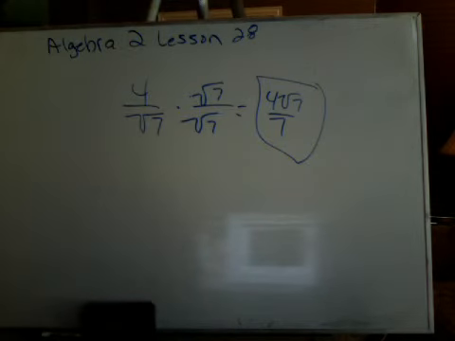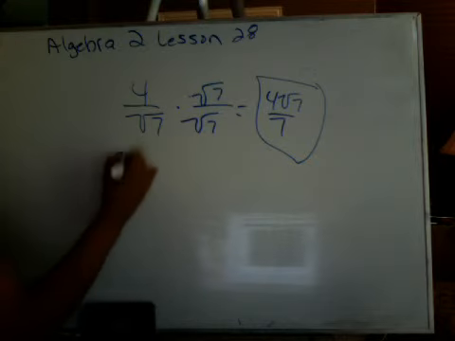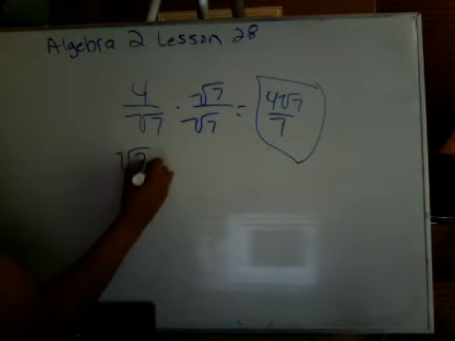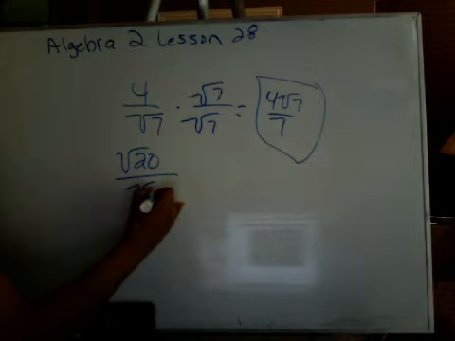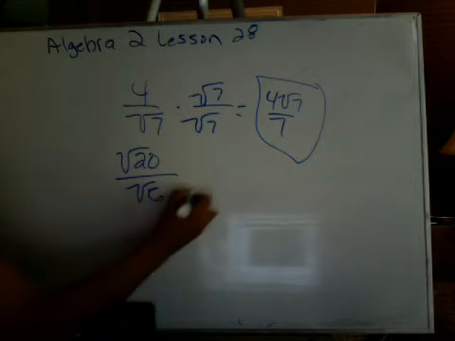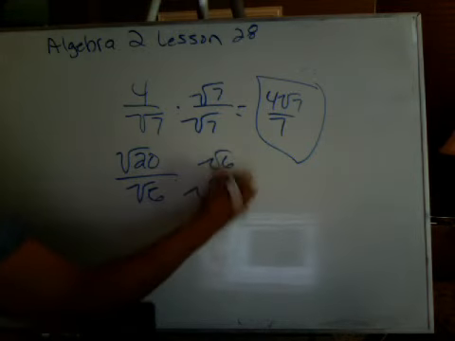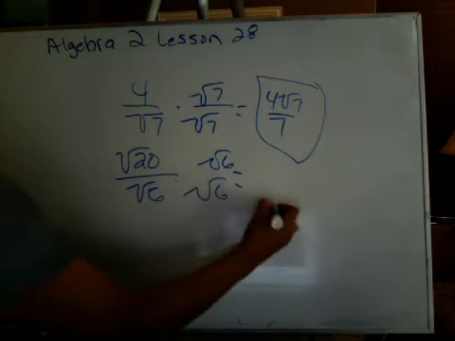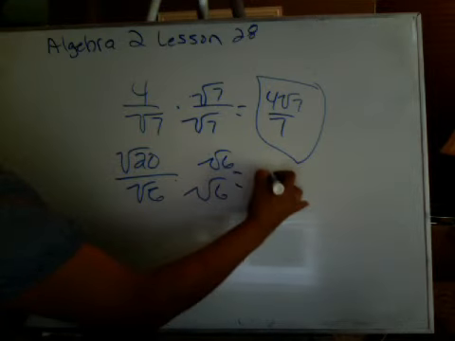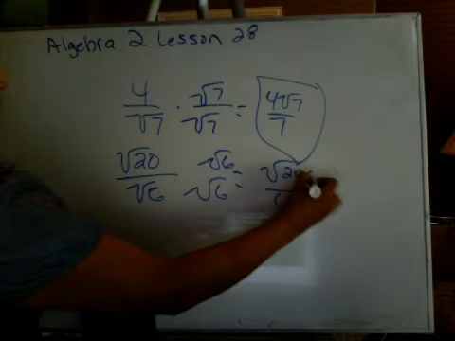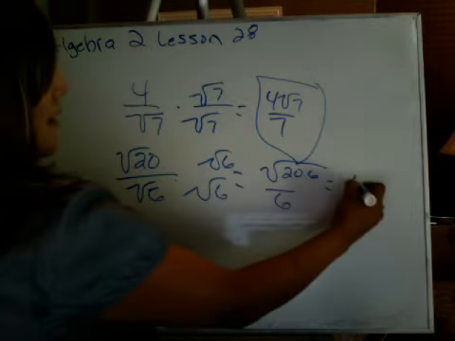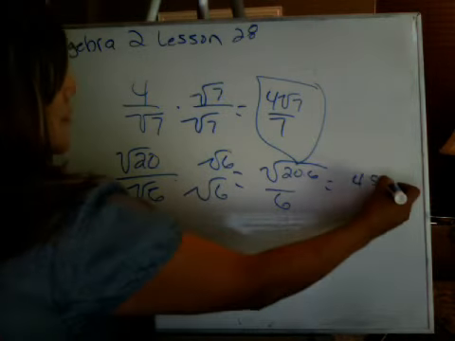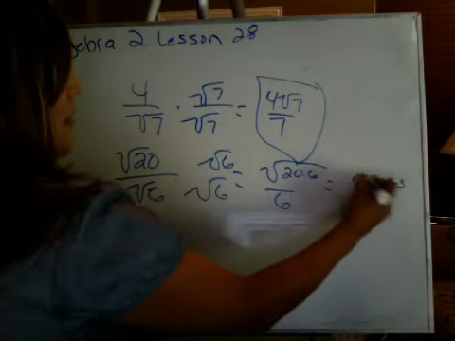So if I had say 6. Okay, I want to get rid of my denominator, so I'm going to do this. Yes? This becomes 6 all over square root of 20 times 6. Well, I have some perfect squares because if I factor this out, I get 4 times 5 times 2 times 3, right?